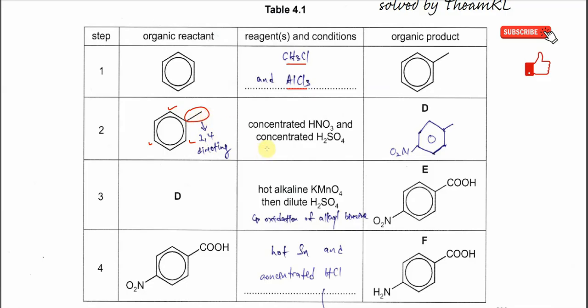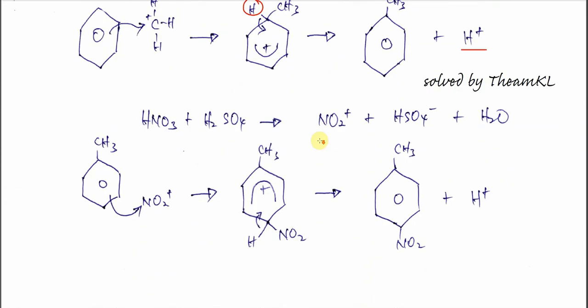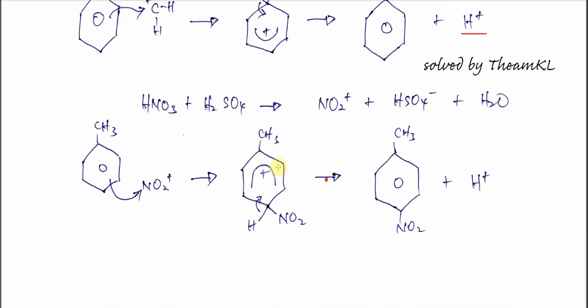Now, if we have a nitration mixture, which is concentrated HNO3 and concentrated H2SO4, it will form this. Okay, so this is step 2. The nitric acid with sulfuric acid will form the nitronium ion, NO2 positive, with side products HSO4 negative and H2O.